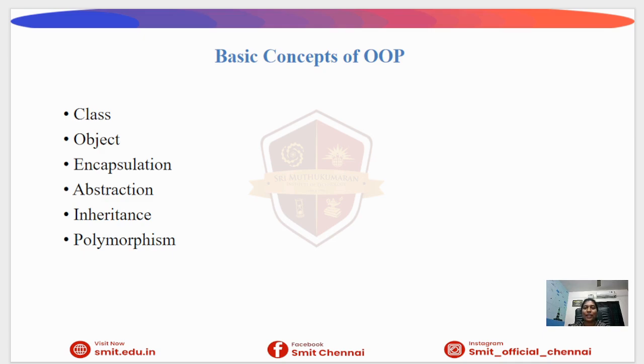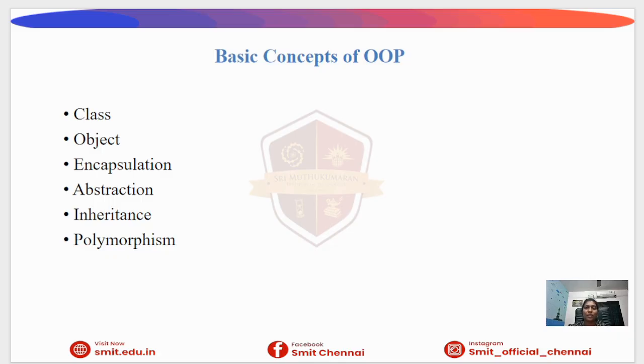The next one is inheritance. Inheritance is a mechanism by which one class acquires the properties and behavior of another class. The next one is polymorphism. Polymorphism means many forms: the ability of a function or object to behave differently in different situations.